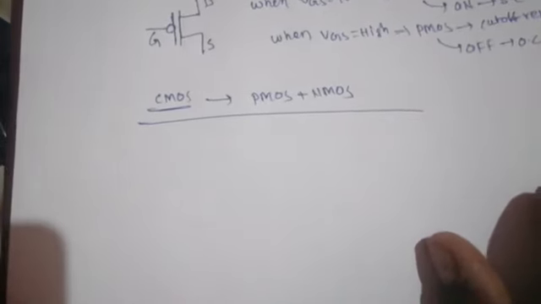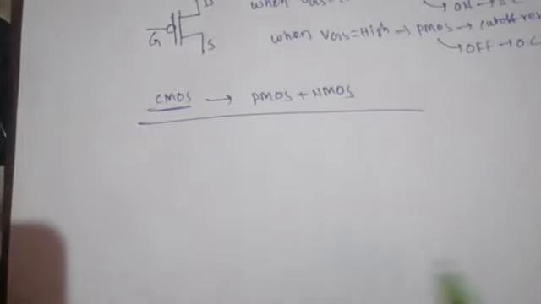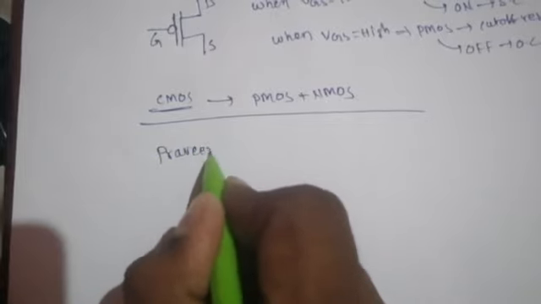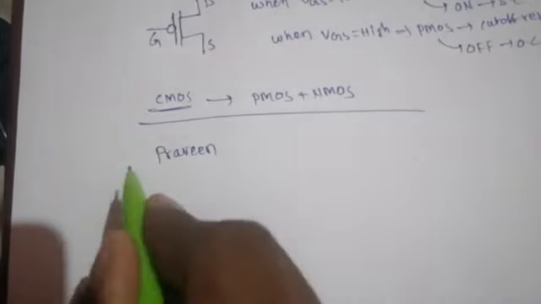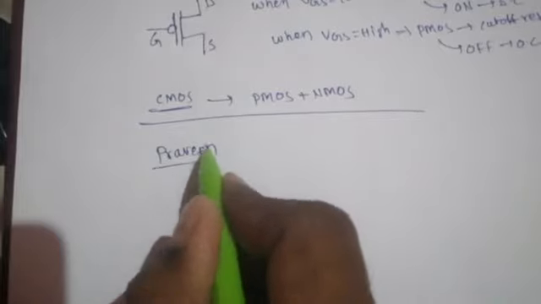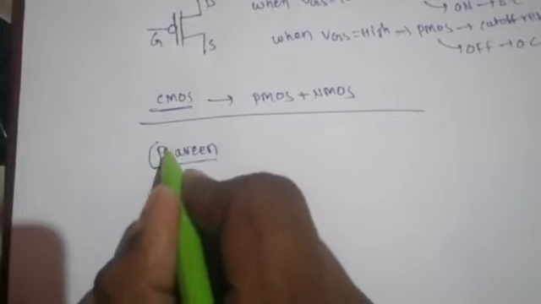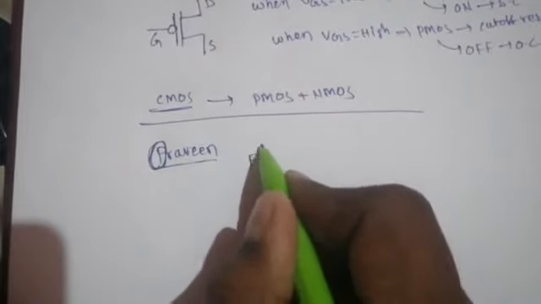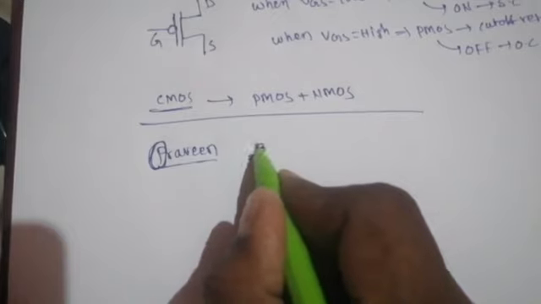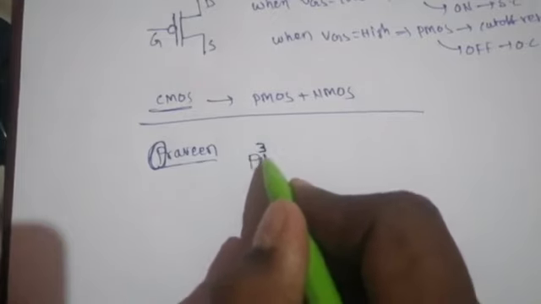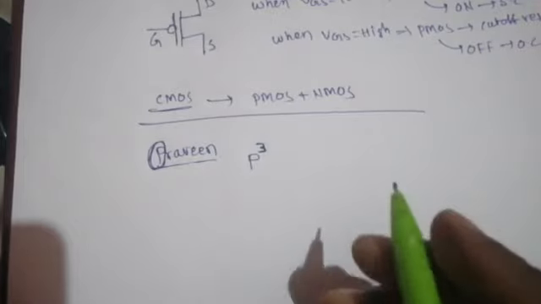So my name is Praveen, you already know very well. We will discuss based on my name today. My name is Praveen, Praveen sir. So we consider P, P, P. I am teaching three subjects in this channel.